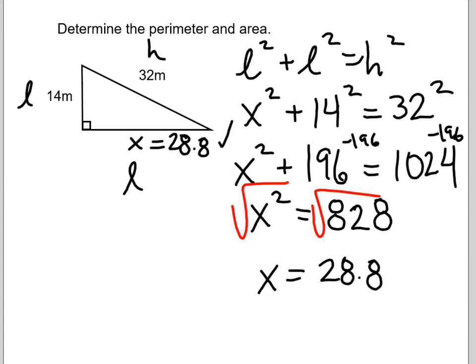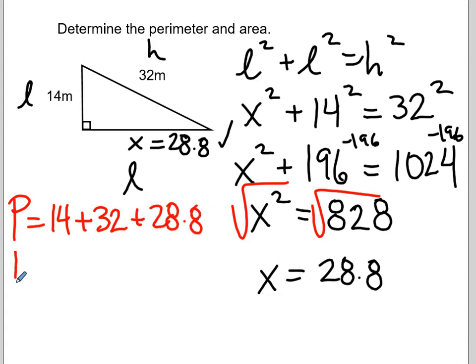So if this is 28.8, perimeter would be the adding up of the three sides. 14 plus 32 plus 28.8. So 74.8 meters for perimeter.